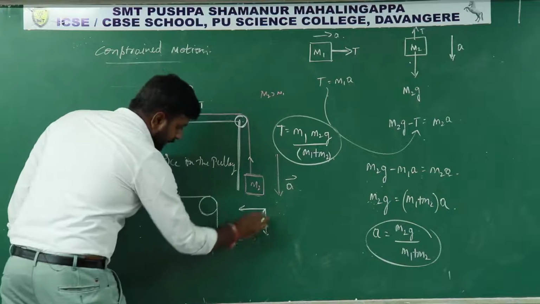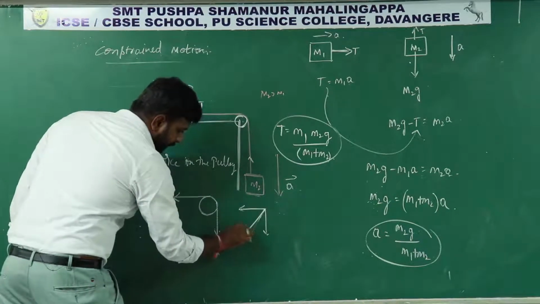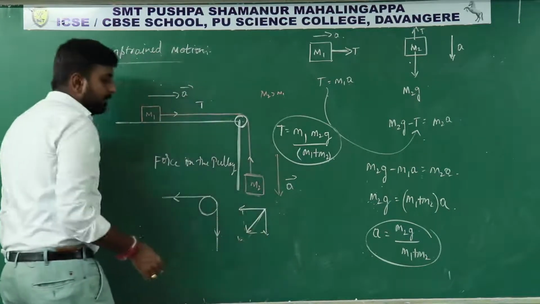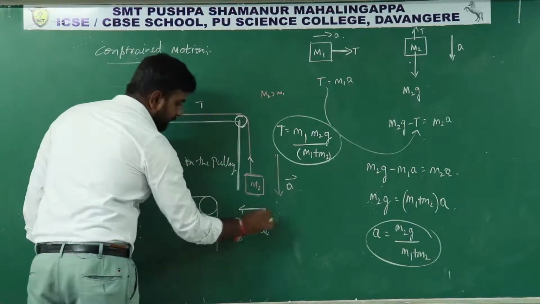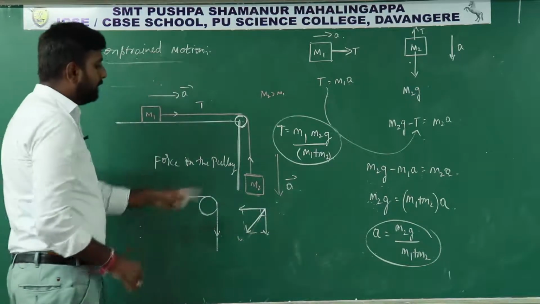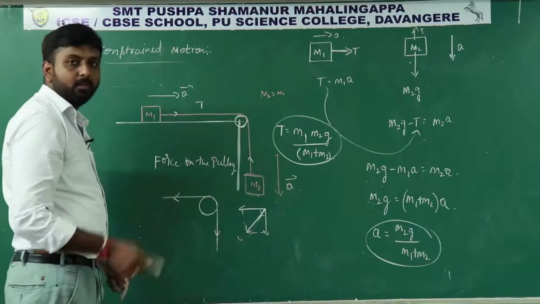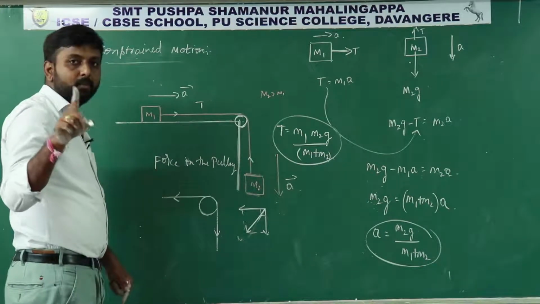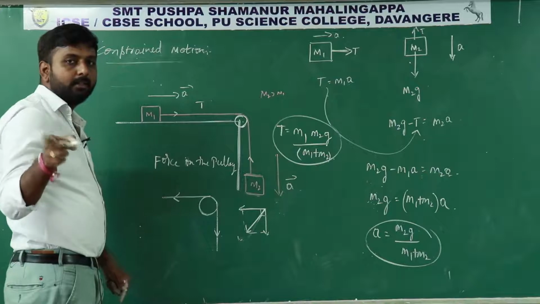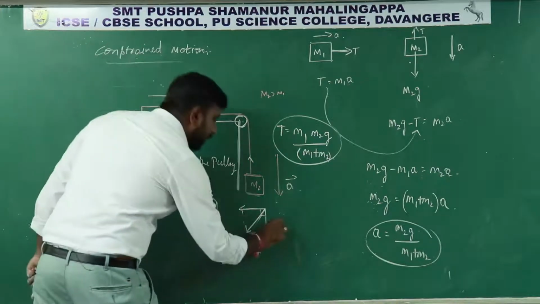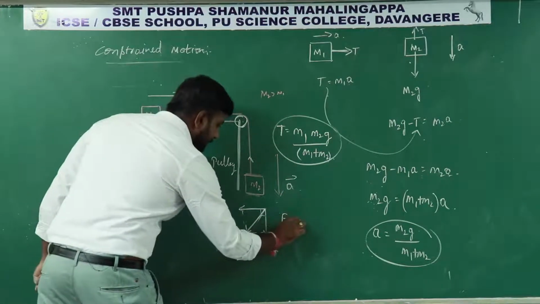So this resultant vector's magnitude, by the parallelogram law of vector addition, the angle between them is how much? The angle between them is 90 degrees. So a square plus b square plus 2ab cos 90. Cos 90 becomes 0. In that way, we came to know the force expression.